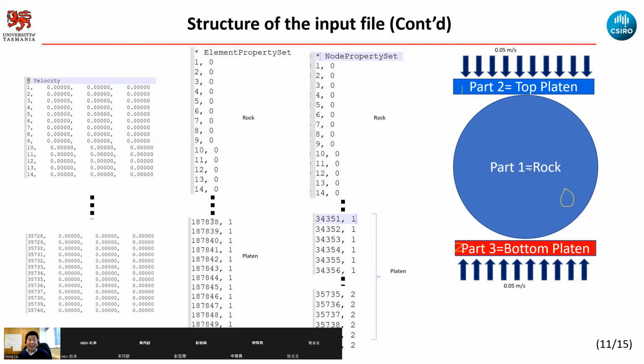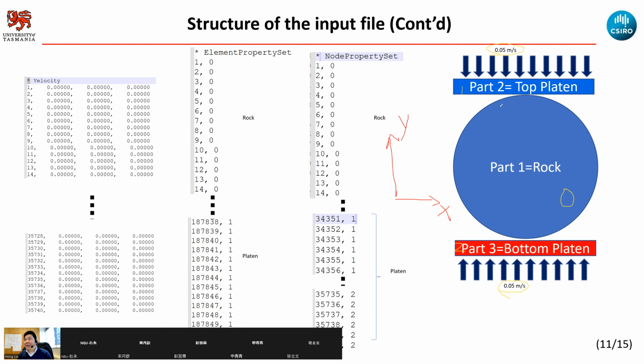For the rock specimen, I keep it fixed and do not move it. For the top loading plate, I can add a loading velocity of 0.05 meters per second. Although the value is exactly the same, you notice that the coordinates here are different. I have the y coordinate at the top, then the x.